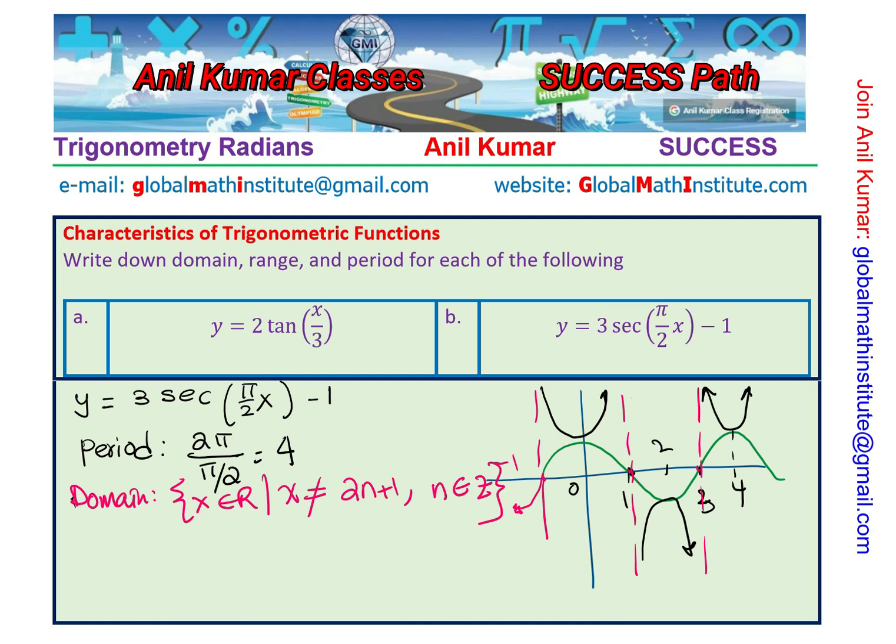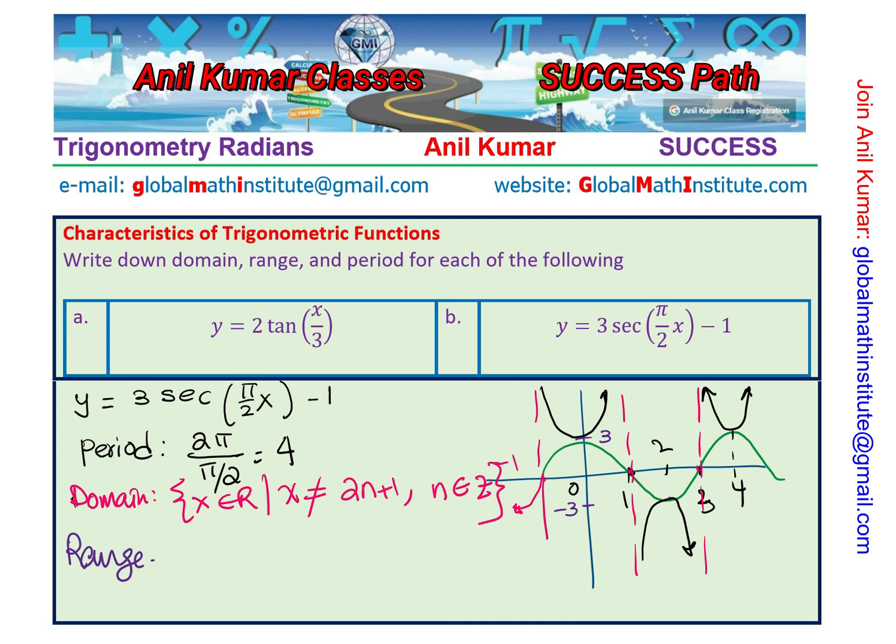Now, let's look into the range part. Since the function is translated 1 unit down, everything will move 1 unit down after it gets multiplied by 3. So basically, if you see, this was 3 and this is minus 3.